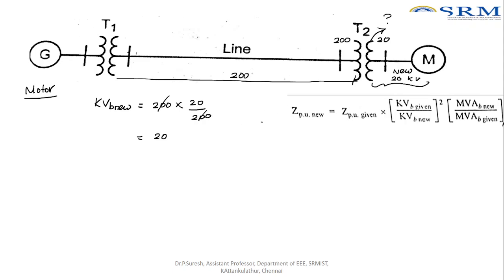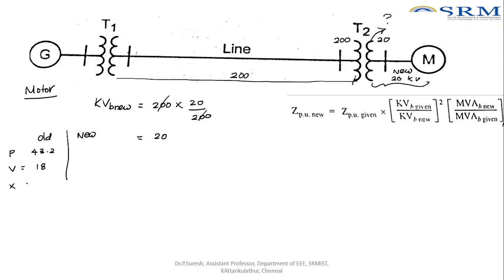But as I told you earlier, the power is constant. The power is 100. Right. So for the motor, we will take the old value and new value. What is the power for the motor? It is given as 43.2. What is the old voltage for the motor? It is given as 18 kV.